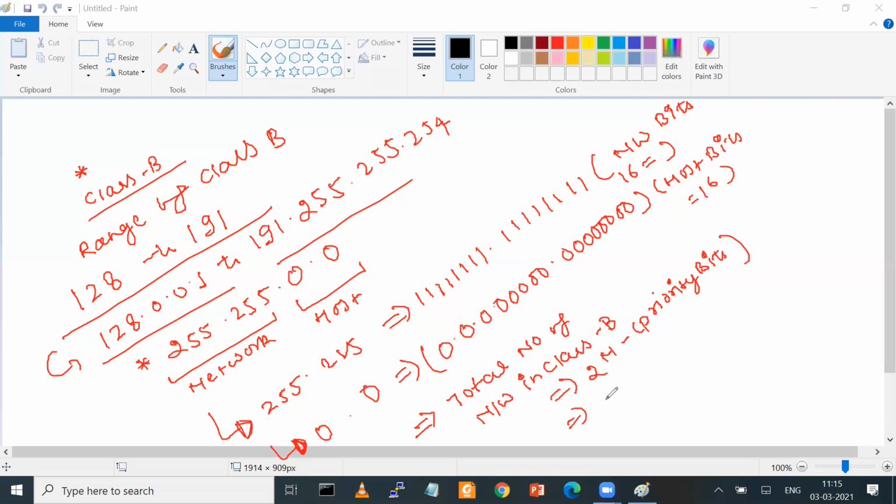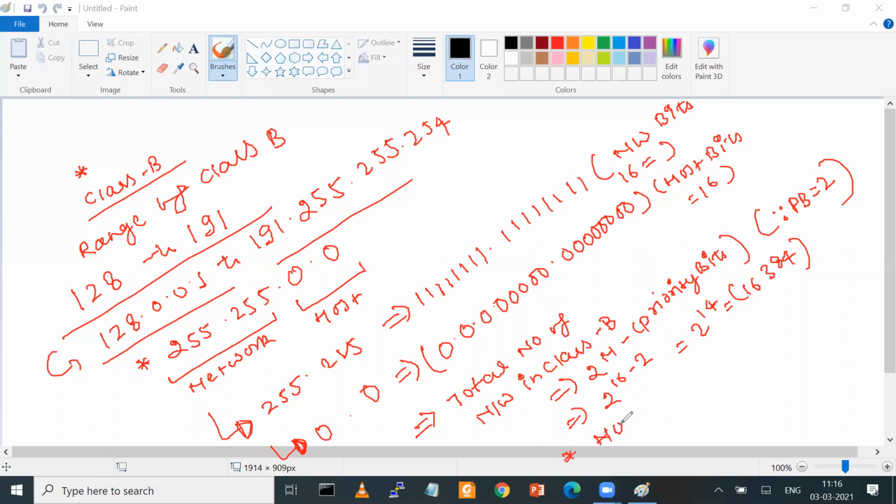So 2 raised to the power 16 minus 2. See guys, for class B how many priority bits will there be? 2. So it means 2 raised to the power 14, which is 16,384. This is the number of networks we can calculate in case of class B.